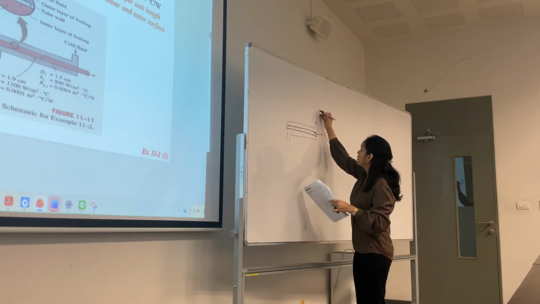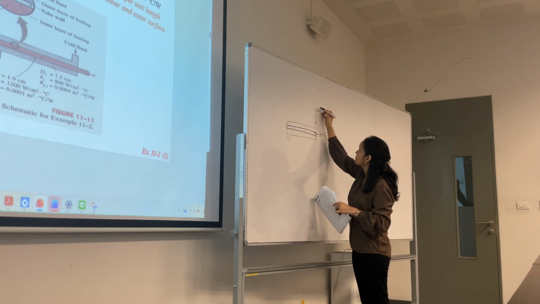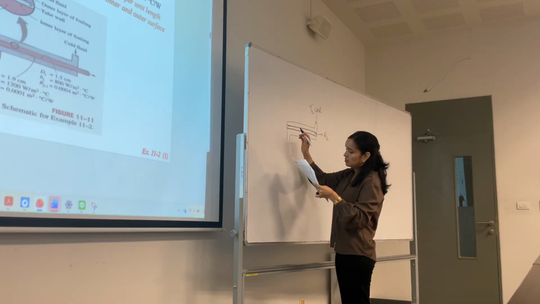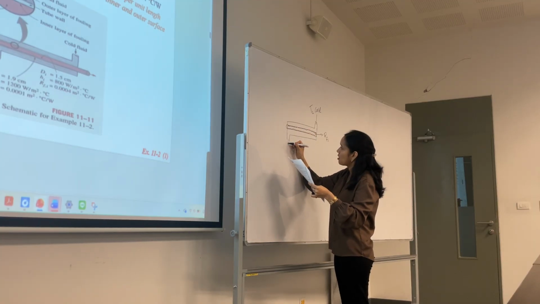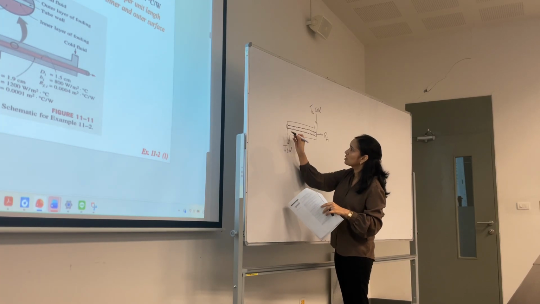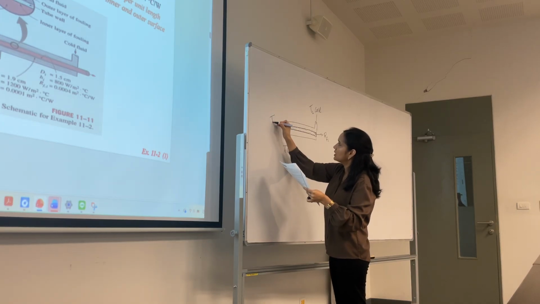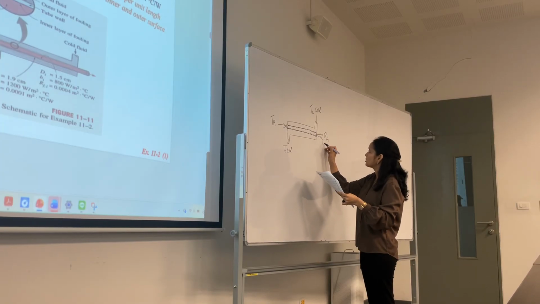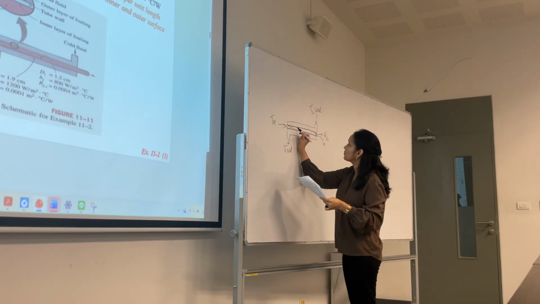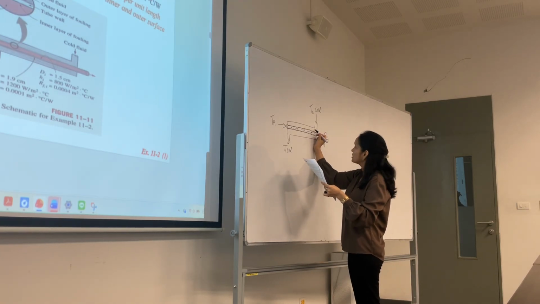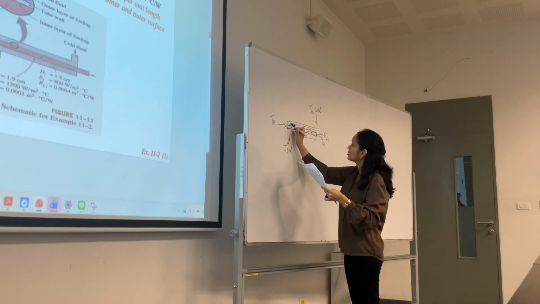So they are pouring cold water, TC, temperature cold, and this is out. TC cold, okay, this is out. You are inserting TH, hot water, and TH is coming from here. This is the direction of your hot water. This is the direction of your cold water. It's counter flow.